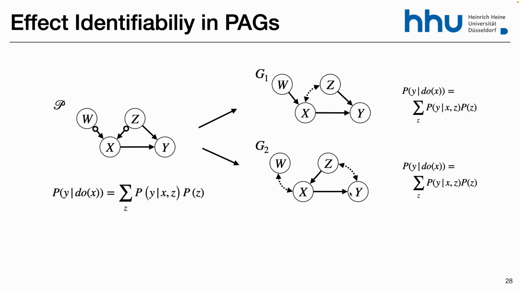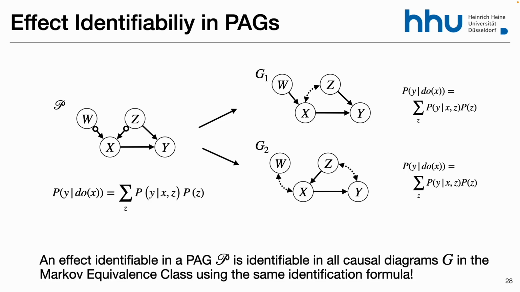Even if I don't have identifiability of the structure of the model, since I'm working with the equivalence class, it doesn't matter because the formula is going to be the same. So the effect is identifiable in every model of the class using the same formula, right? This is what's written here.